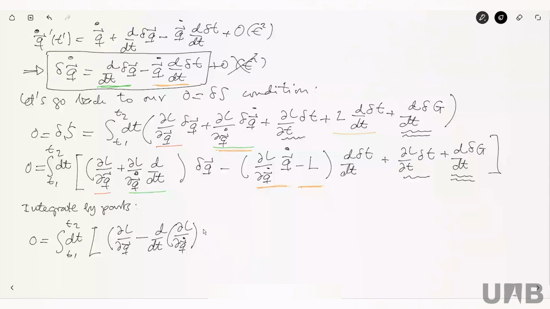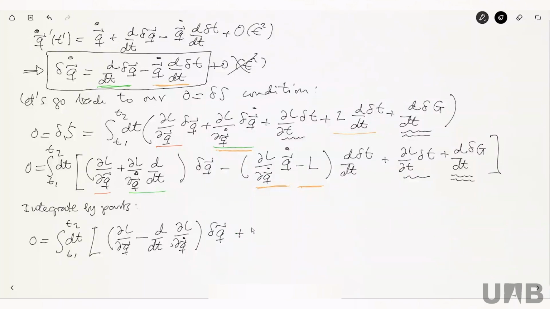Okay? All this, I need a parenthesis. Let me just write it like this. And then I can put the parenthesis here, delta q. So that is integration by parts. There's still a total derivative with respect to time that I'm going to have to add. I'm going to add it later on. Okay, so that's one term.